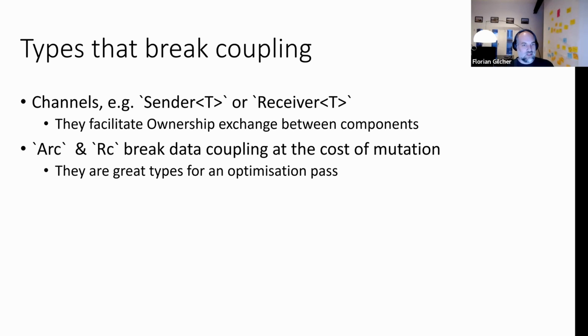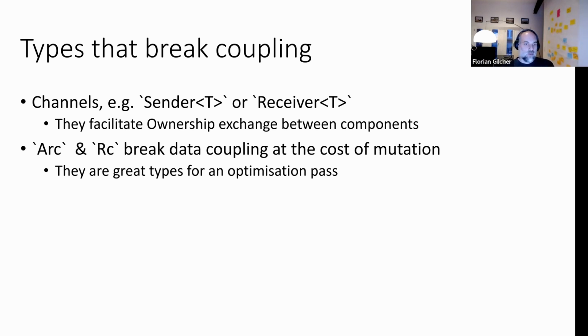Channels facilitate ownership exchange between components. So if we imagine the picture from the beginning with those two loosely coupled components with the green thing in between, the green thing could be a channel where on the left side you put things in and on the right side you get things out.